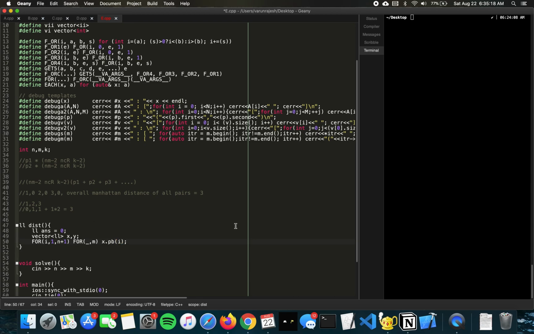Because in our grid, our grid would be like 1 1, 1 2, 1 3, 1 4, 1 5, and then this would be 2 1, 2 2, 2 3, and so on and so forth, right? So what this does is this puts all the x coordinates of all the points on our grid into this vector x, right?